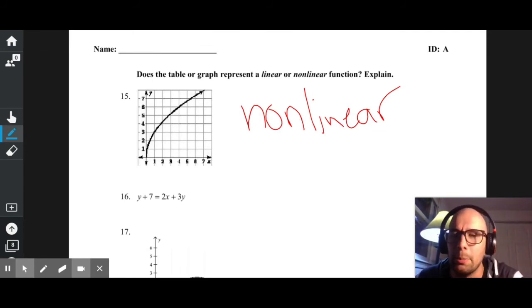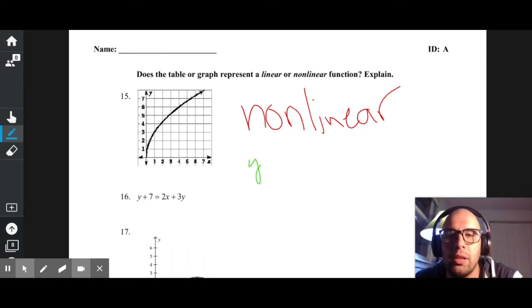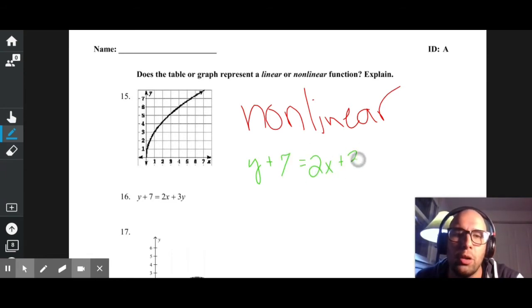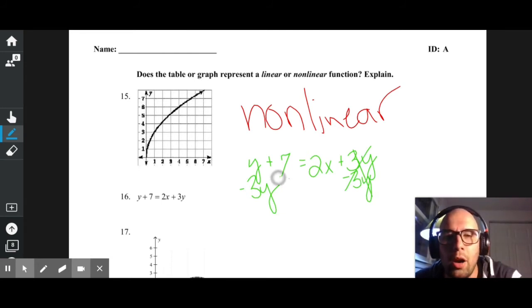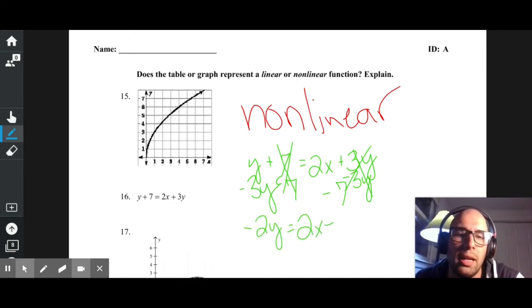Well, not really, but if I subtracted, let me just write it out. y plus 7 equals 2x plus 3y. If I subtracted 3y from both sides, and also subtracted 7 from both sides, you would be negative 2y equals 2x minus 7.